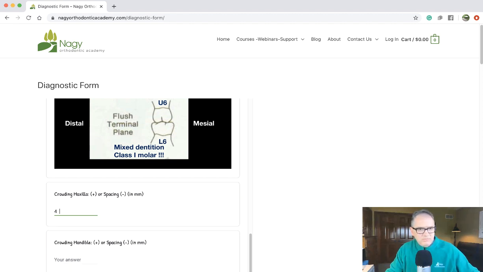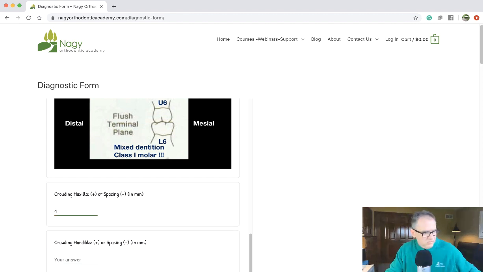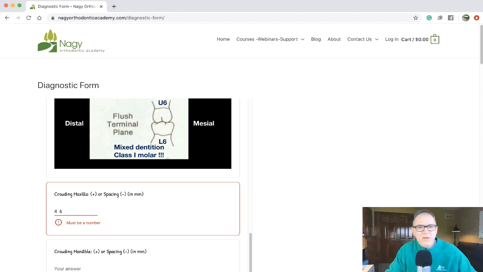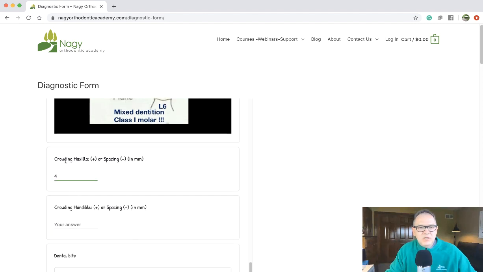So you could say like 4 millimeter maxilla and 6 millimeter mandible. Oh, sorry. Actually, this is just talking about the maxilla. So this would be just 4 millimeters for the maxilla, because we have information here for the mandible. So let's say 6 millimeters or 5 millimeters for the mandible.